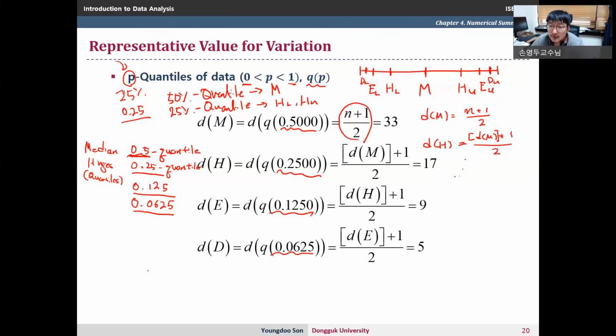So with these definitions, we can define the depth of the E like this: dH plus 1 over 2. And the depth of D can be defined as dE plus 1 over 2.